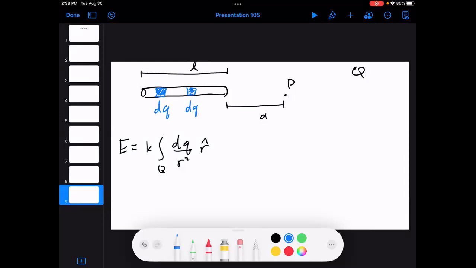And so I would add them all up all up and down this rod. For each dQ, I have an R that looks like that. That goes from the dQ out to the point. Okay, so far so good.